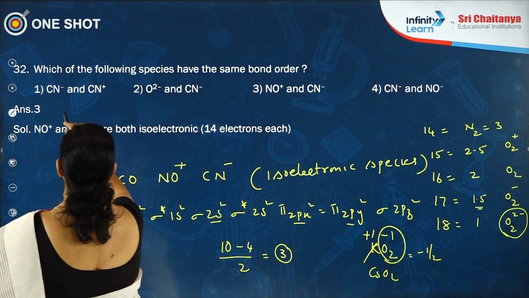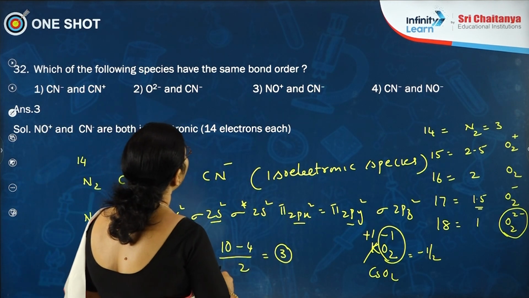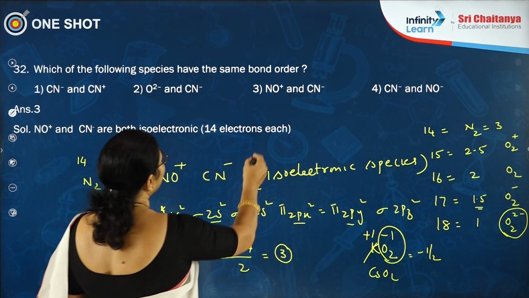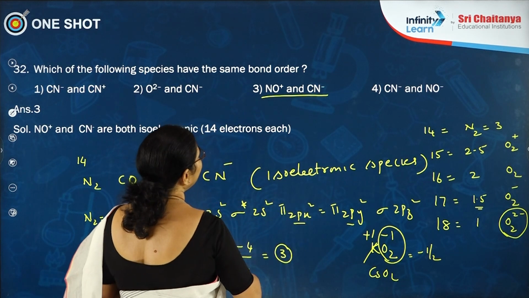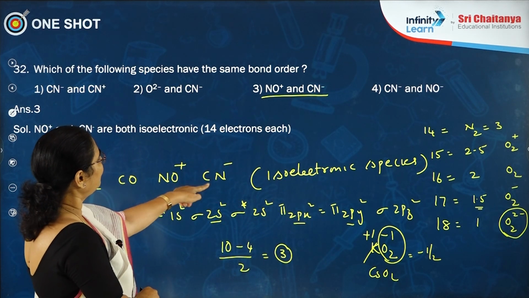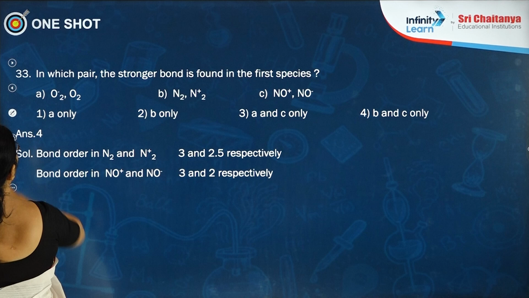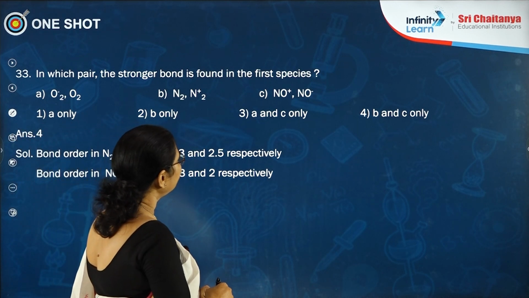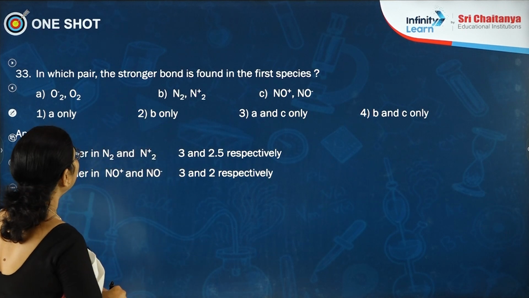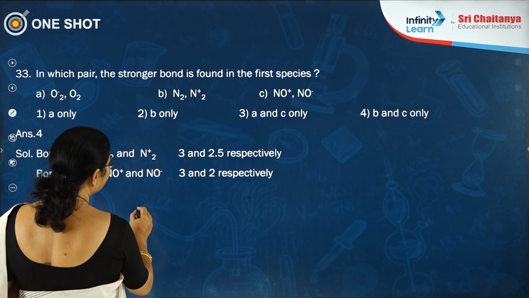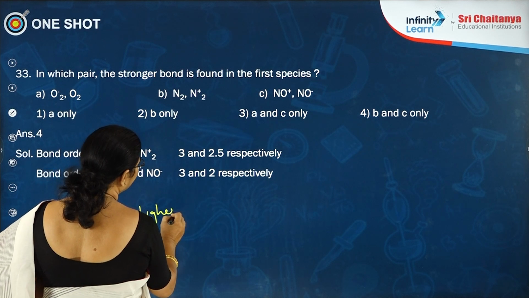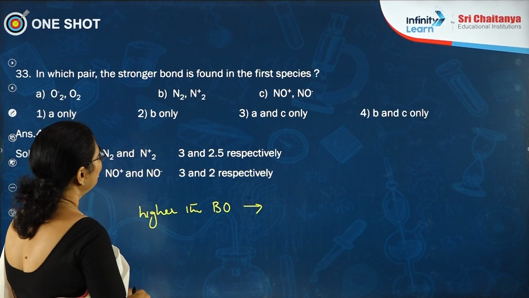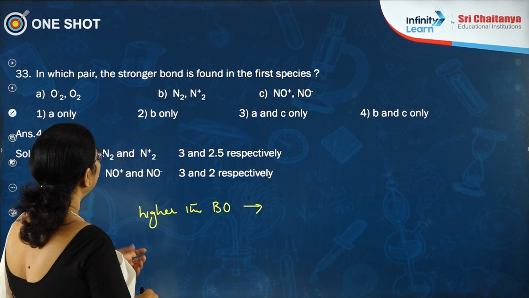Now see the question: which of the following species have the same bond order? Bond order is expected to be the same for isoelectronic species. Look at this option, NO plus and CN minus. I gave this already, because they are isoelectronic species. In which pair is the stronger bond found, in the first species? Stronger bond means higher bond order, greater stability.